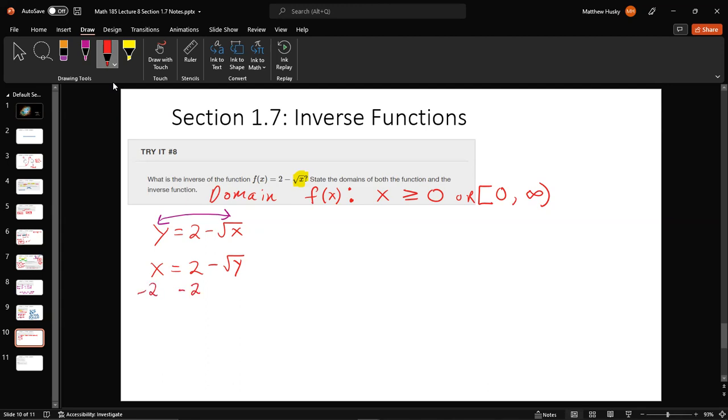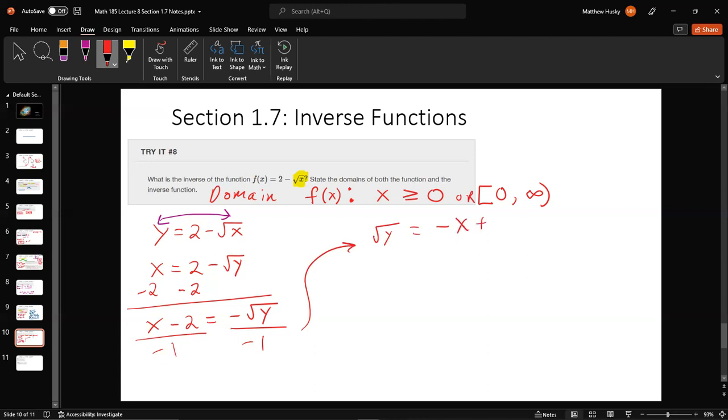Let's subtract 2 from both sides. That's going to give you x minus 2 equals negative root y. We would then need to divide by -1 to get rid of the negative sign. So if we do that, we're going to get square root of y equals negative x plus 2.